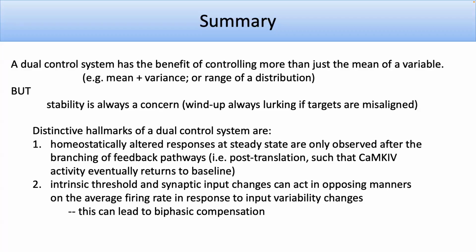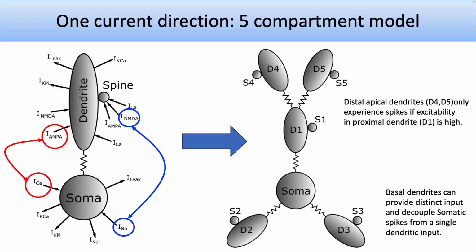And what I've started doing is working on these 5 compartment models, in part because, as I mentioned, you want the sodium spikes to have a big impact on NMDA input.